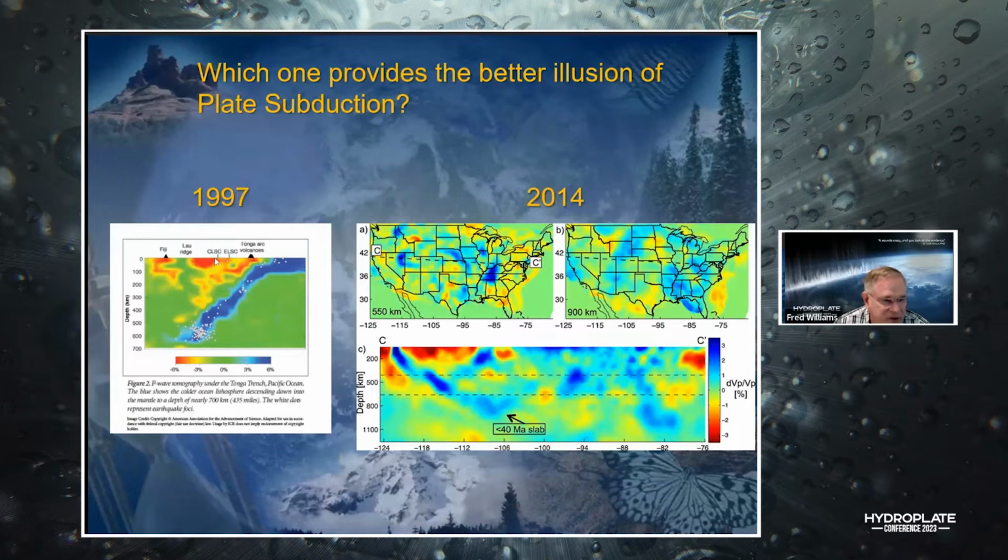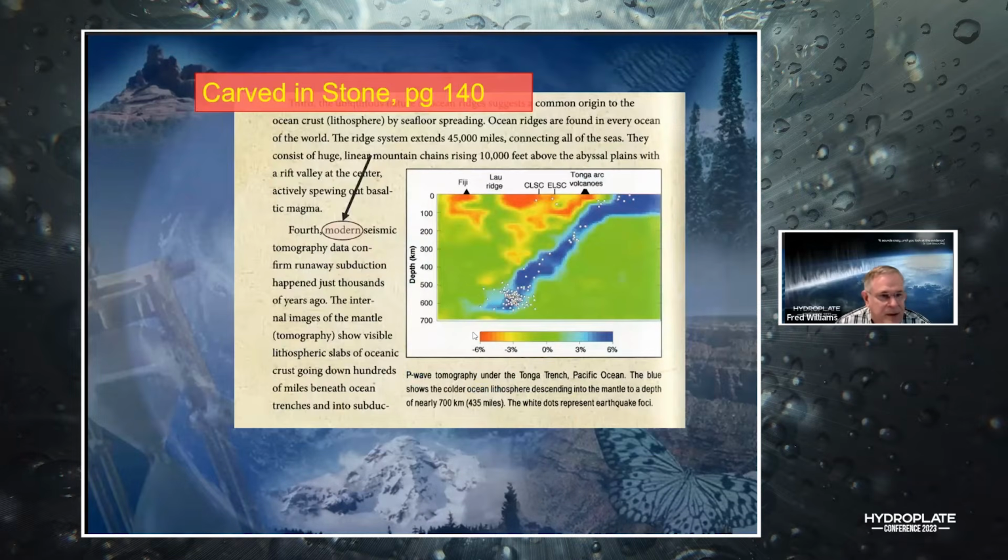This one clearly, the image provided in his book, looks like a subducting plate. So to the unsuspecting, you're going to think, yeah, that looks like evidence for plate subduction. But this is the actual image. Can you really make that deduction from this particular study, which, by the way, had no constraints listed to try to improve its accuracy?